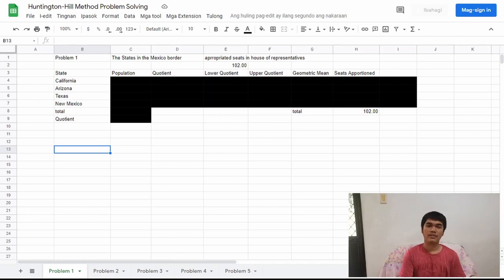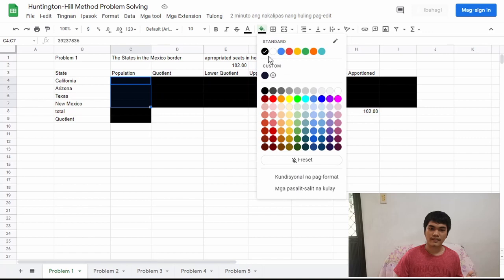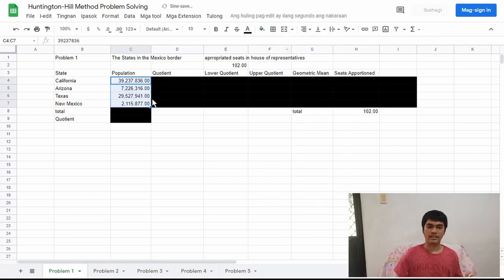According to my research, the appropriated seats for those states total 102 as of 2020, according to the US Census. We will show the population there.